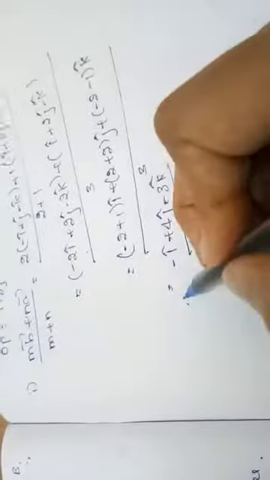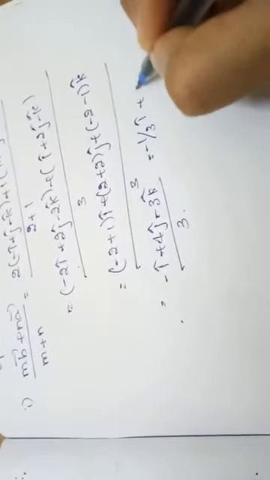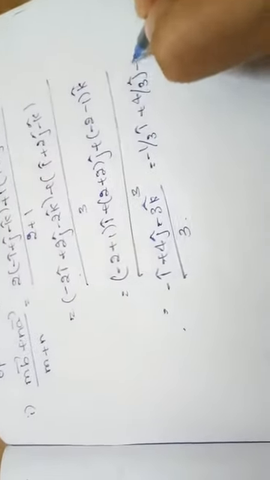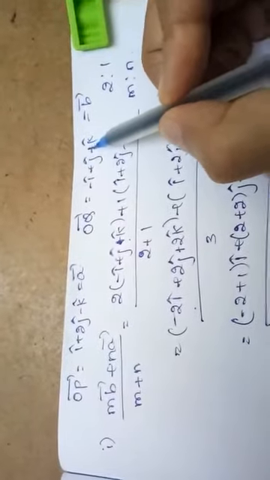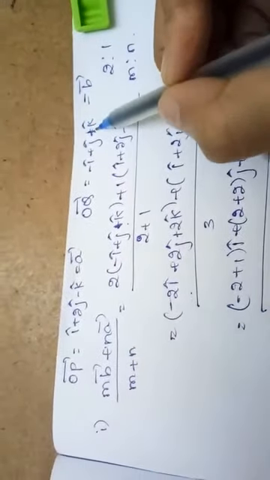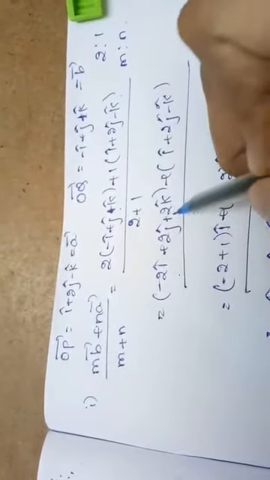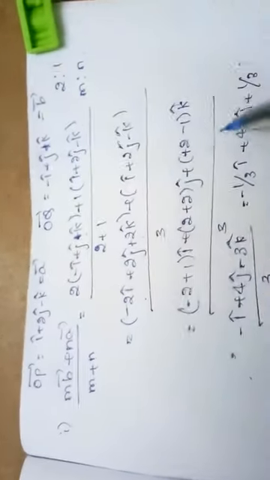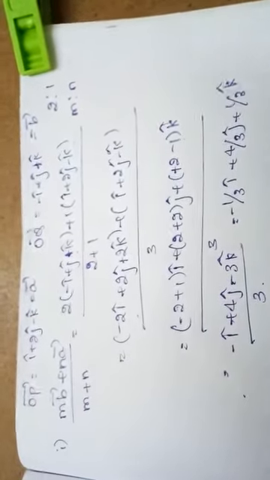If I split it once again, minus 1 by 3 i cap plus 4 by 3 j cap plus 1 by 3. Sorry guys, while writing the vector I made a mistake. It is plus i. So here also it becomes plus k. When we multiply 2, here also it becomes plus 2 minus 1. It is nothing but 1 by 3 k cap.